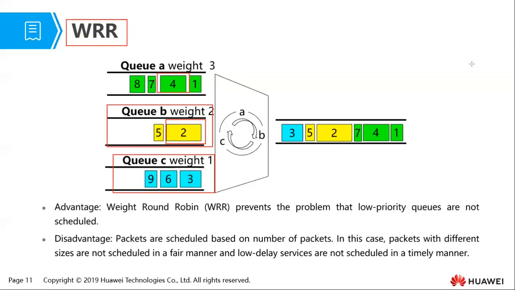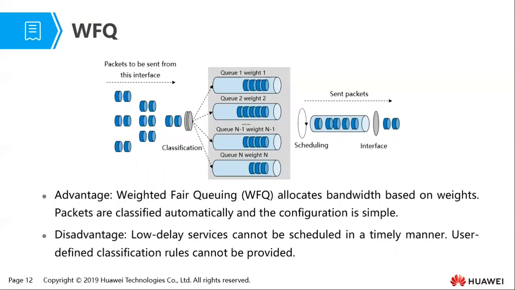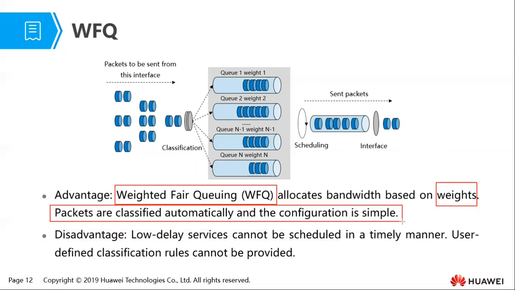Okay. So other than weighted round robin, the other improvement to weighted round robin is what we call the weighted fair queue, WFQ here. So with weighted fair queue, it allocates bandwidth based on weights. Then packets are actually classified automatically.